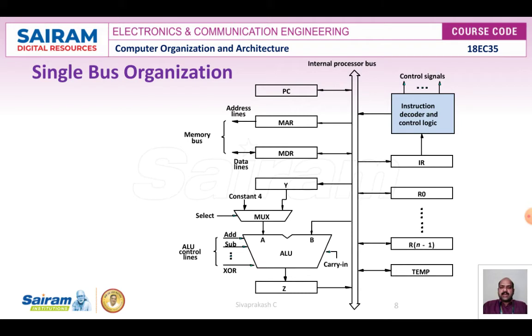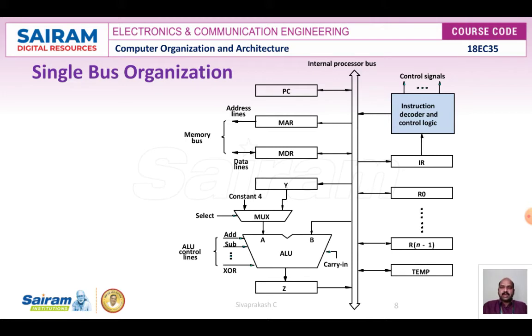Register MDR has two inputs and two outputs. Data may be loaded into the MDR either from the memory bus or from the internal processor bus. So the data stored in MDR may be placed on either bus. The input of the memory address register is connected to the internal bus and its output is connected to the external bus to connect to the memory.